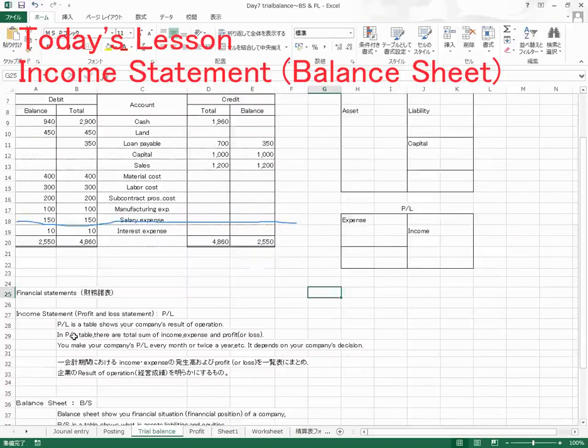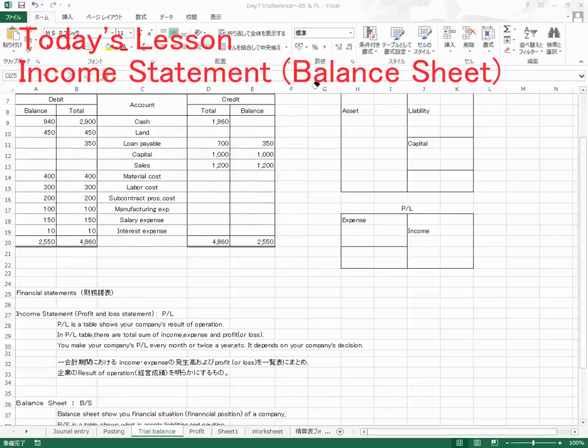Right. Those two sheets, the income statement and the balance sheet, are the financial statements. In Japan, we call the profit and loss statement abridged PL. That is a Japanese way to express it. In some other countries, it is named the income statement.